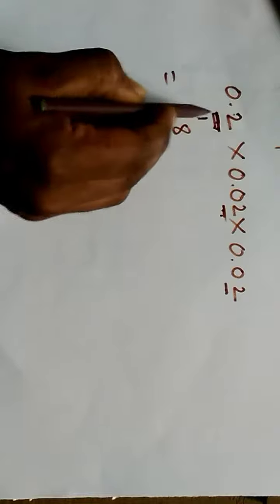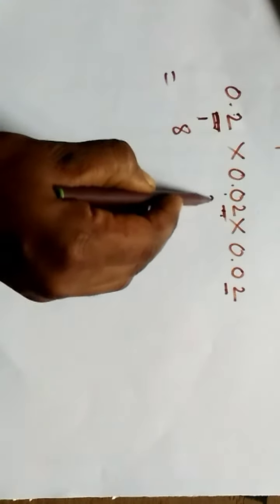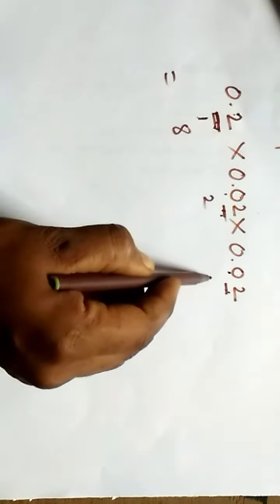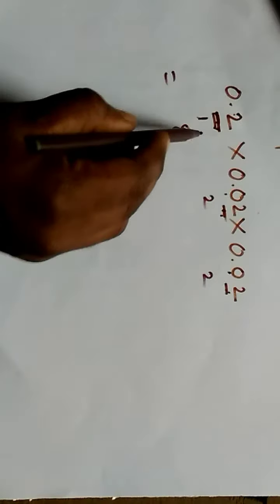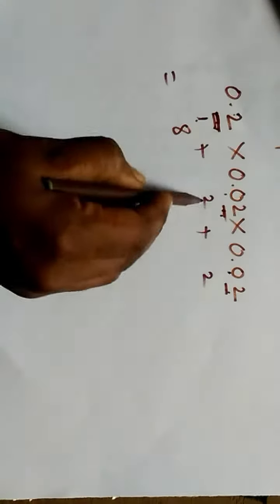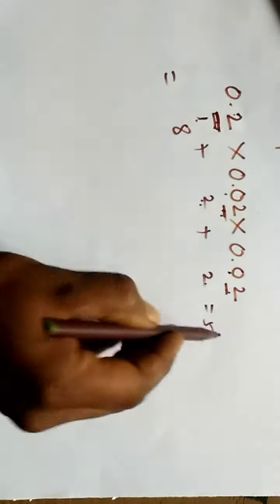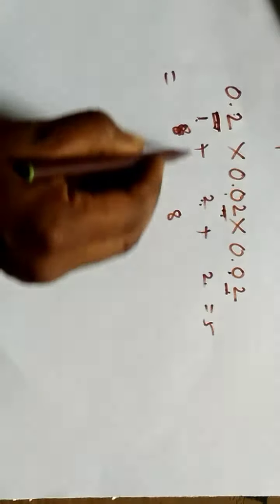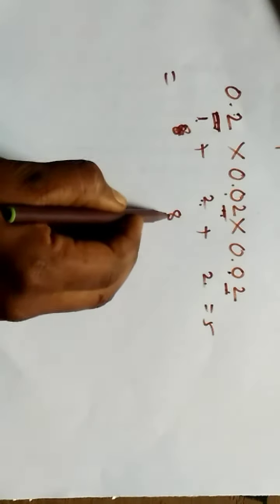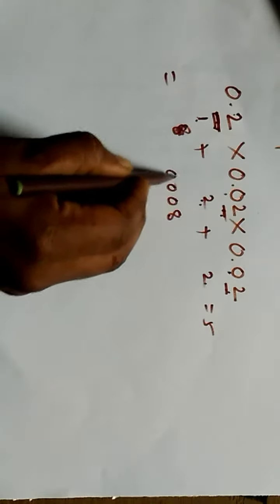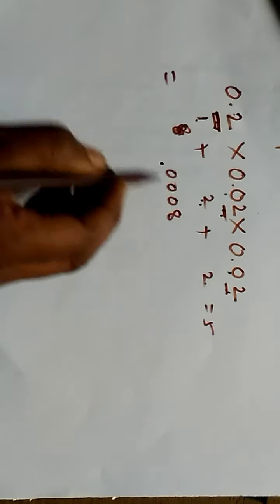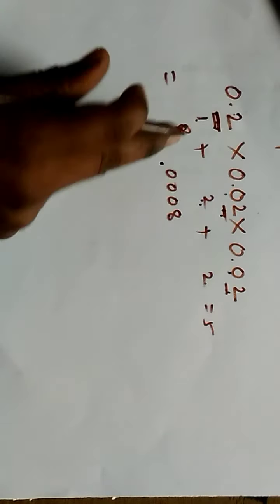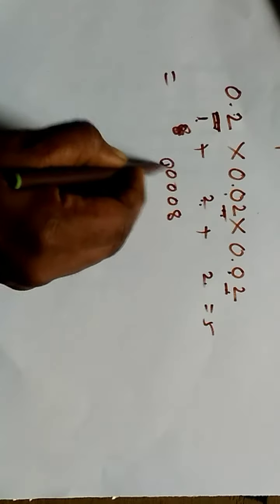Here the places are 1, 2, 2, so adding 1 plus 2, 3, 3 plus 2, that is 5. So take 8 at the unit place and put the point after 5 places, 1 2 3 4 5, and point here.